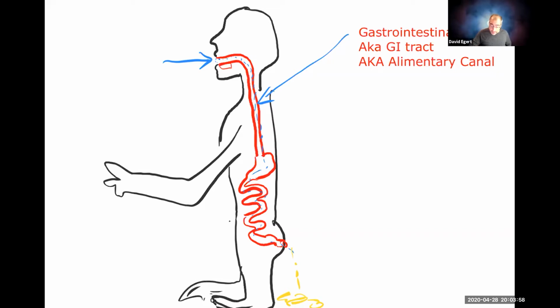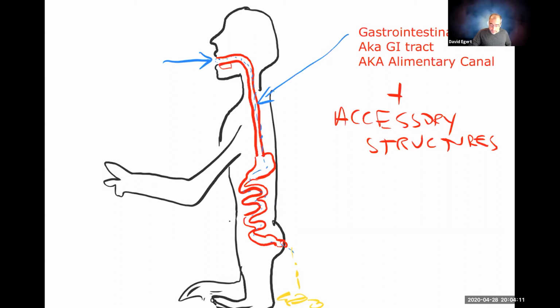Then there are also going to be accessory structures. And this will be like your teeth. It's going to be like different kinds of glands.